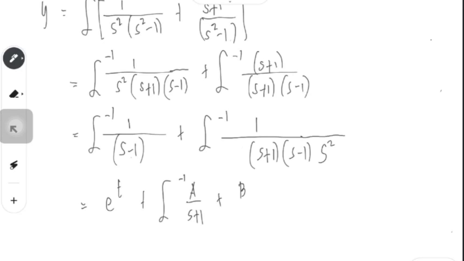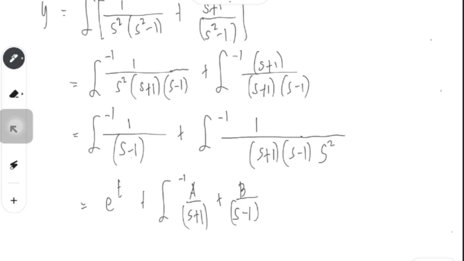So you have the B all over S minus 1. Pagka nakuha natin yung value ng A and B, pwede mo nang makuha yung inverse Laplace transform. Okay? Do you follow?